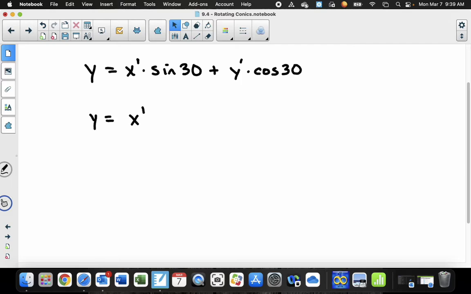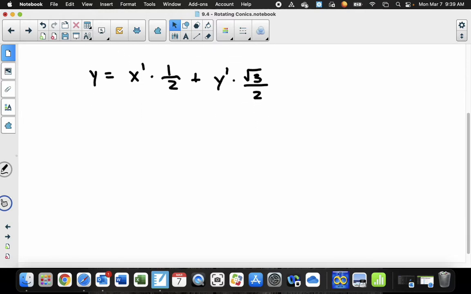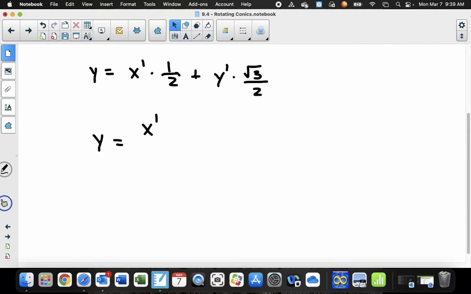We've got x prime times a half plus y prime times square root of 3 over 2. Okay. And again, that's just coming off of your unit circle. That's why you needed to find theta right away. Because without theta, you can't find x, you can't find y. And once again, let's put this all together as one fraction. So that means y equals x prime plus the square root of 3 y prime all over 2.